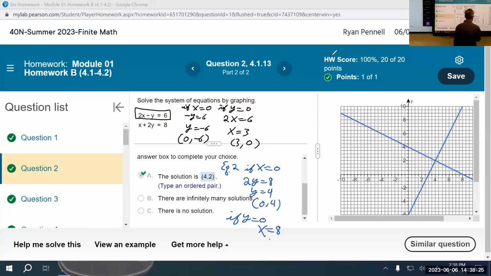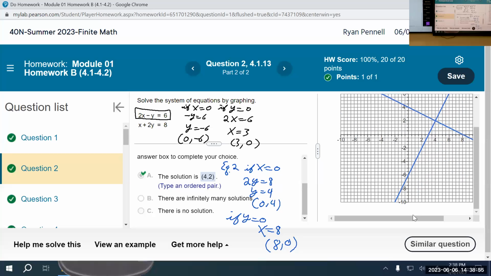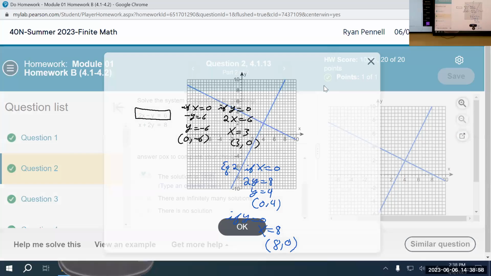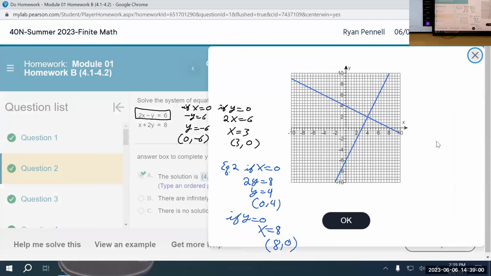So my x-intercept must be 8, 0. Now I had to use the MyLab tools to plug that in, but that's exactly how I did it. I set up a line, I clicked on my y-intercept, x-intercept, and it made the line. That's how I do it. On a piece of paper, I would just draw it the best I could. That's the idea.